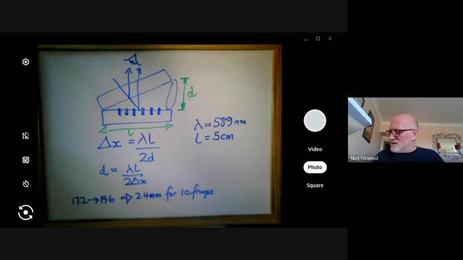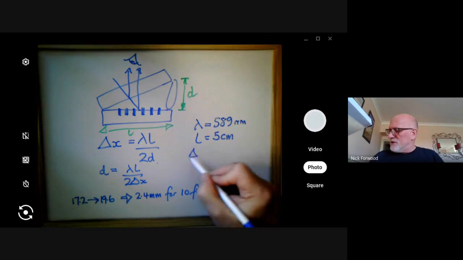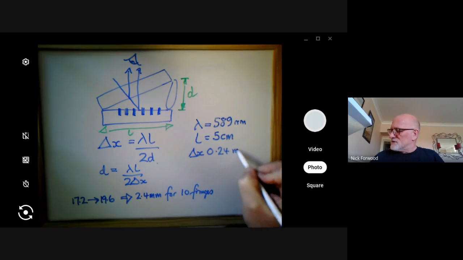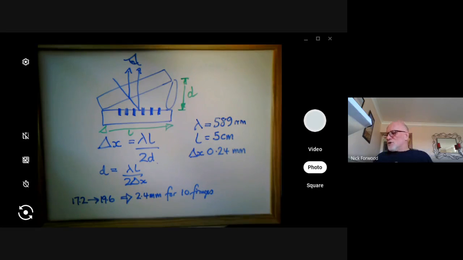So for one fringe, delta X is the fringe separation. Delta X, therefore, is 2.4 divided by 10, so delta X would be 0.24 millimeters.